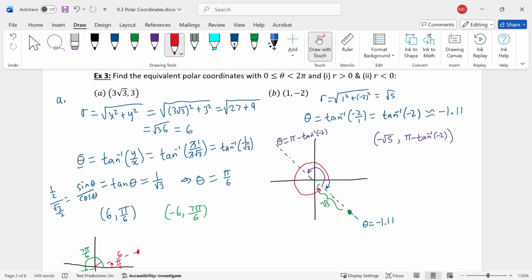And so that's pi, 2 pi. That's like going 2 pi and subtracting the 1.11. So this angle would be 2 pi minus 1.11. And that one would have a positive radius.